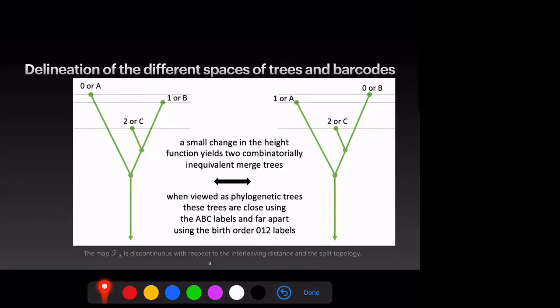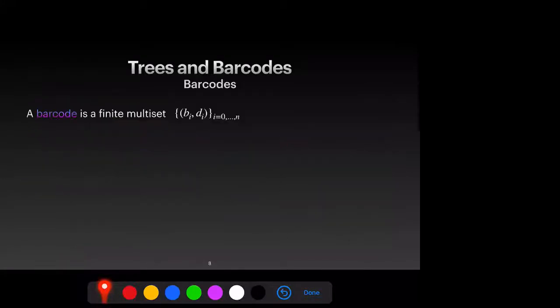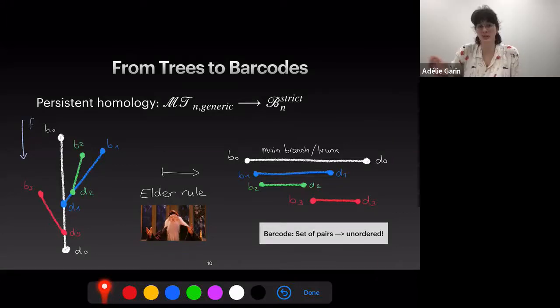I have, I think, a simple question. From what I understand, your research is about trees. You transform the data on trees to barcodes, right? And you mentioned in your presentation that you lose some information when doing the transition from the tree to barcodes. The information you lose is really the adjacency of your tree. A merge tree is a combinatorial tree with this height function.